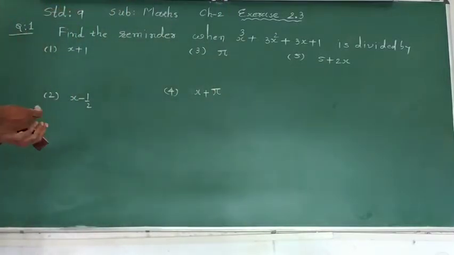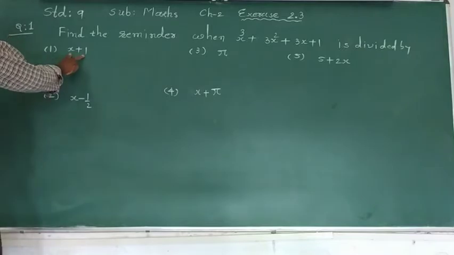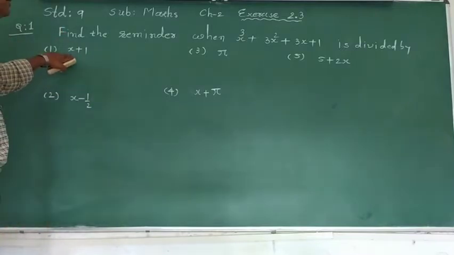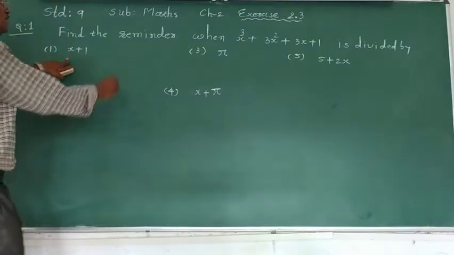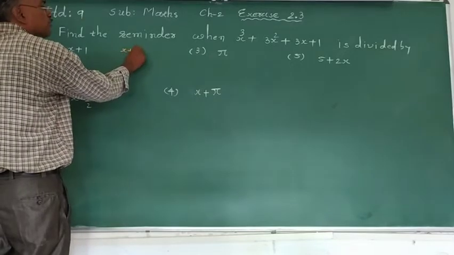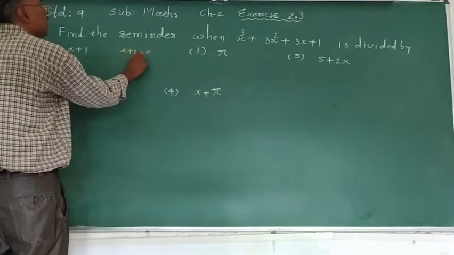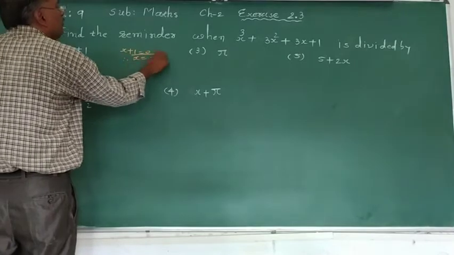So first we are going to solve x plus 1, which is given. We divide by this, so first we take x plus 1 equal to 0. Therefore x equal to minus 1.